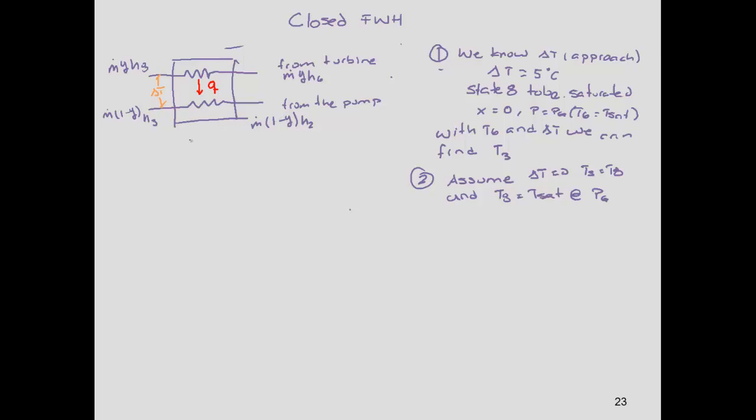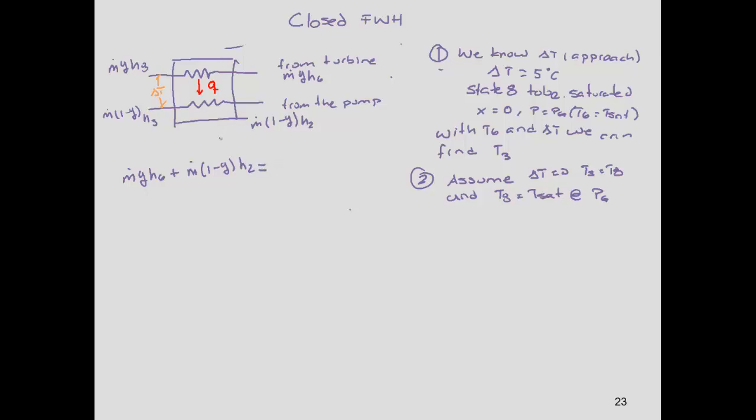We can start with an energy balance similar to what we did in the open system. At the entrance we will have the mass flow rate, the fraction, H6. This is the steam that comes from the turbine, plus the mass flow rate, the remaining fraction, H2, that comes from the pump.